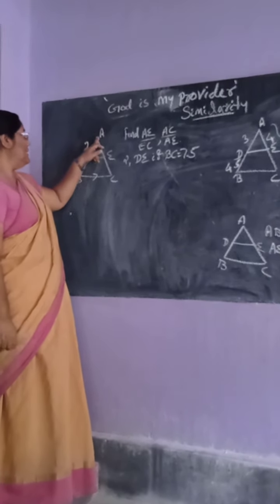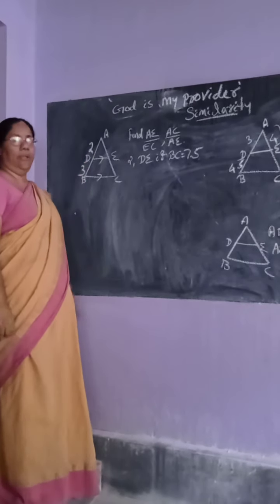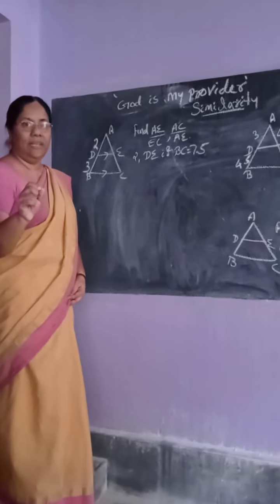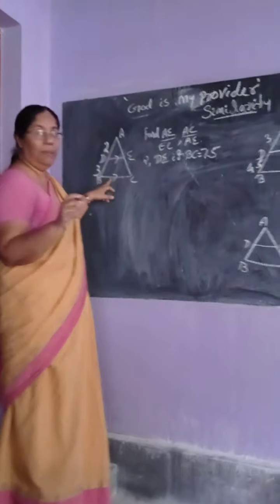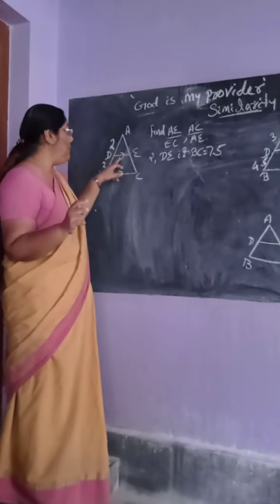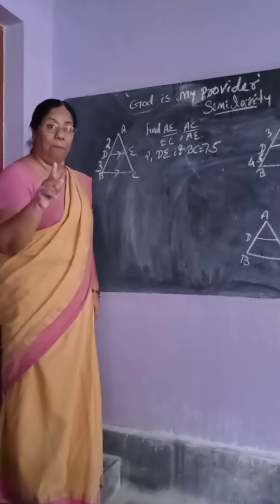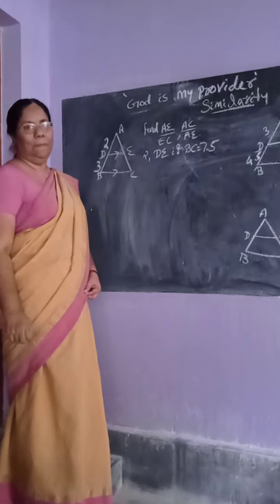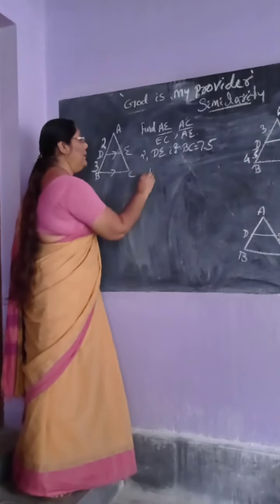Here, what is given? AD is 2, DB is 3, and the very important condition is BC parallel DE. Understand? Then we can apply the basic proportionality theorem. What is AD by DB? All of you look here.